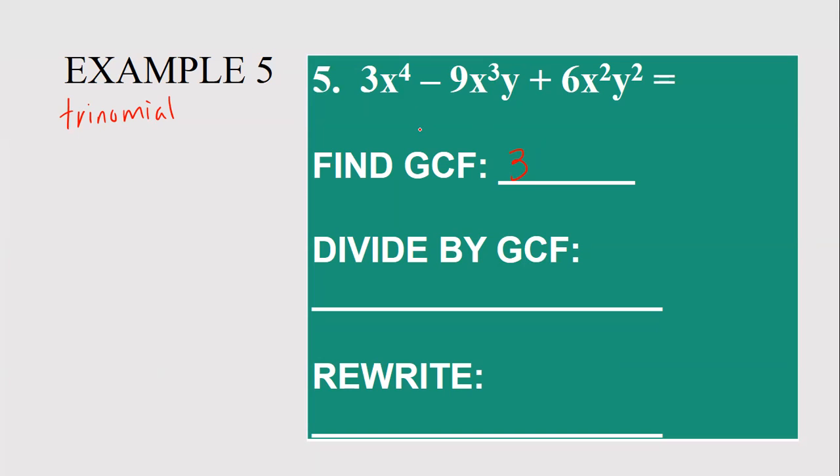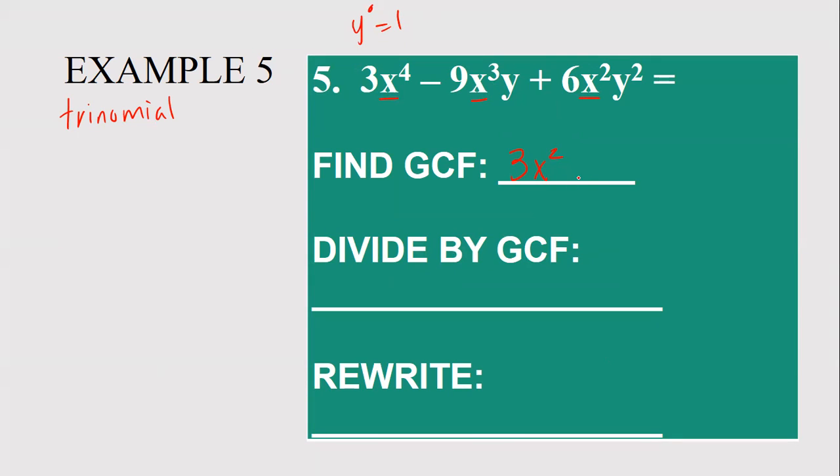When you're looking at the variables, you're comparing what is your least amount. So x to the 4th, x to the 3rd, x squared, x squared. And then now we're going to look at y. Well, this one has no y. So my least amount of y's is y to the 0, right?